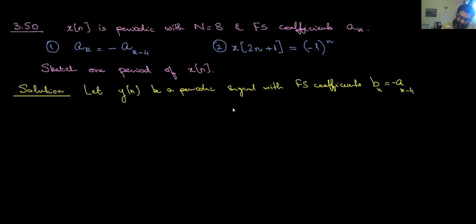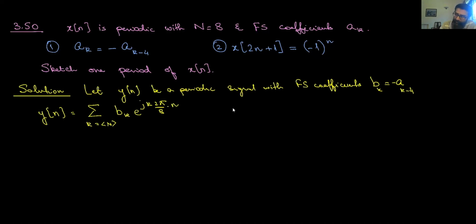Okay, so from the synthesis equation, y of n is the summation over k of b_k e raised to the power j k 2 pi by 8 times n.